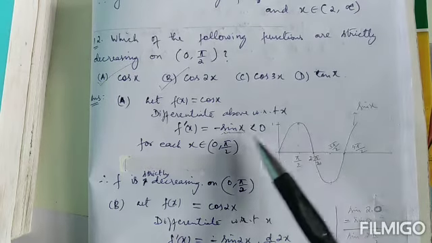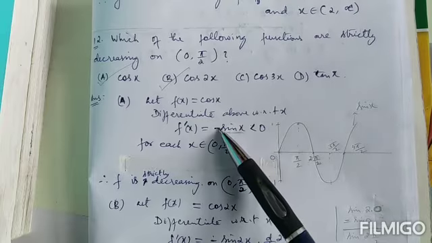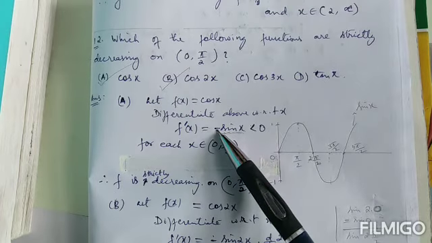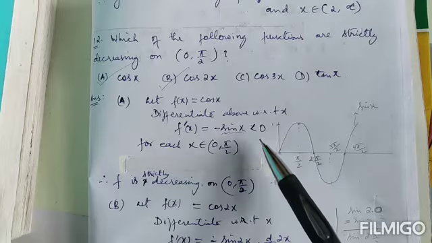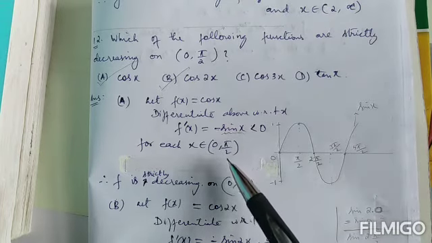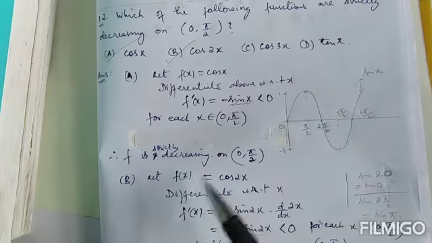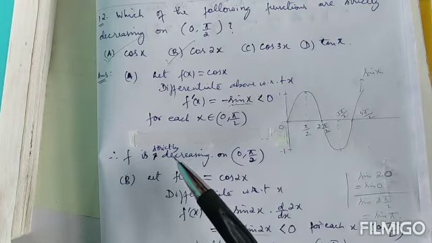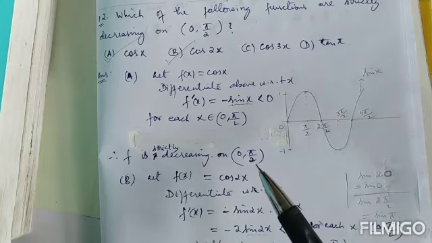Positive into this minus will be negative. That's why I write here less than 0. So it will be less than 0 for each x belongs to 0 to pi by 2. Therefore, less than 0 means f is strictly decreasing on 0 to pi by 2.